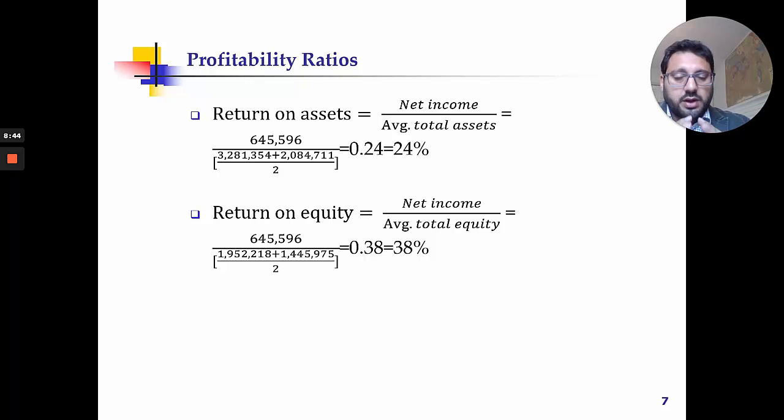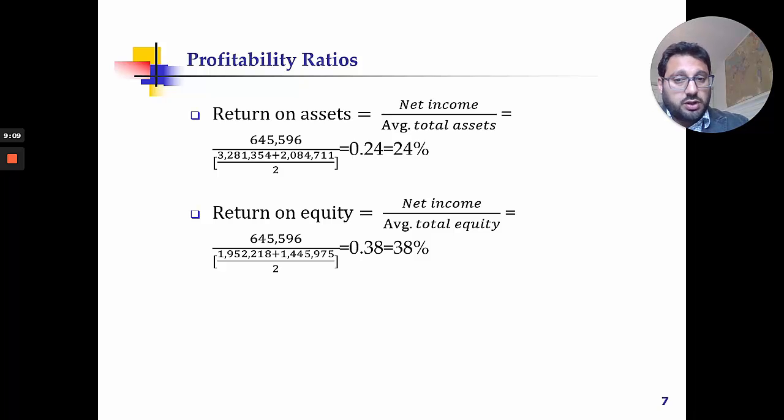If you are investing at the market rate, whatever the share price is right now in the market, this will not be the ratio for you. So this is for those who have invested at the book value. We are considering the book value over here for the total equity, and again we have taken the average.